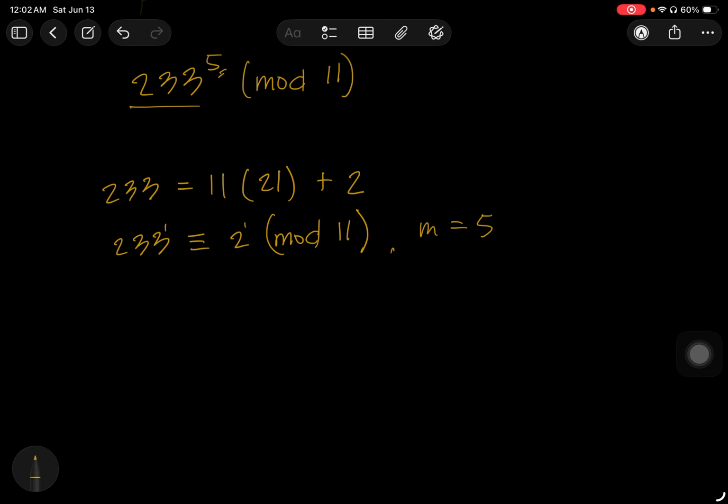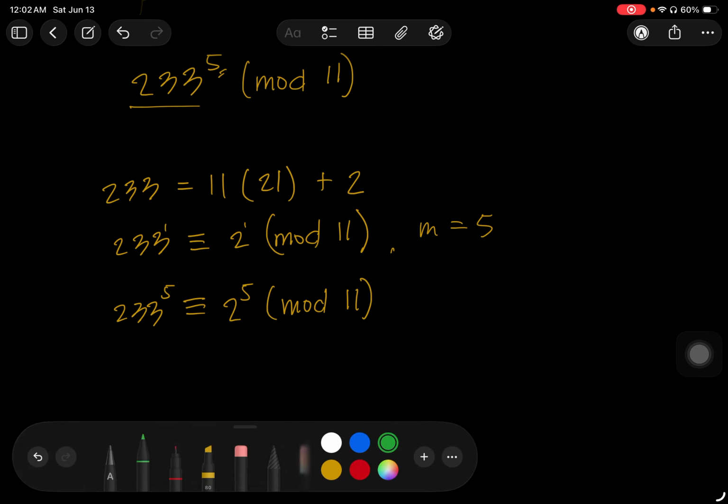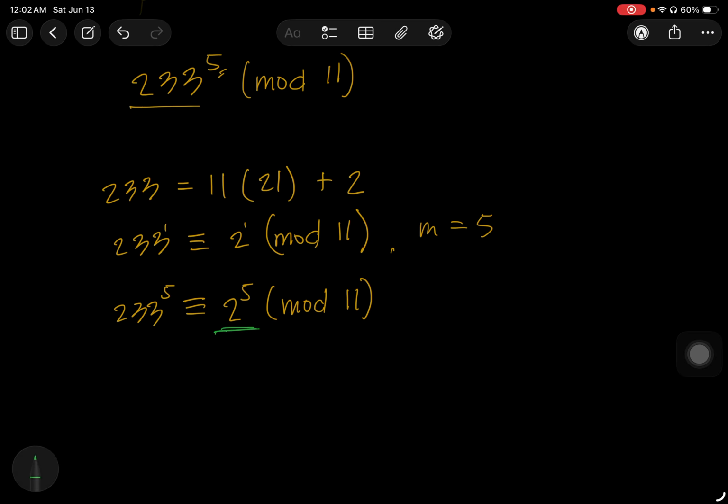By giving this, we can now have the new equation: 233 raised to 5 is congruent to 2 raised to 5 mod 11. So we are now going to find the least residue. Since 233 raised to 5 is a large number, it is easier to operate using 2 raised to 5.